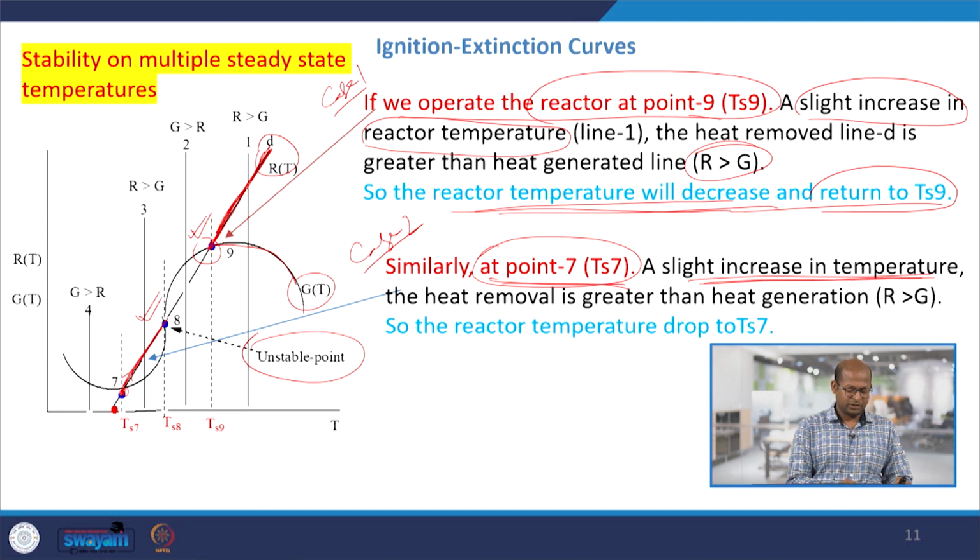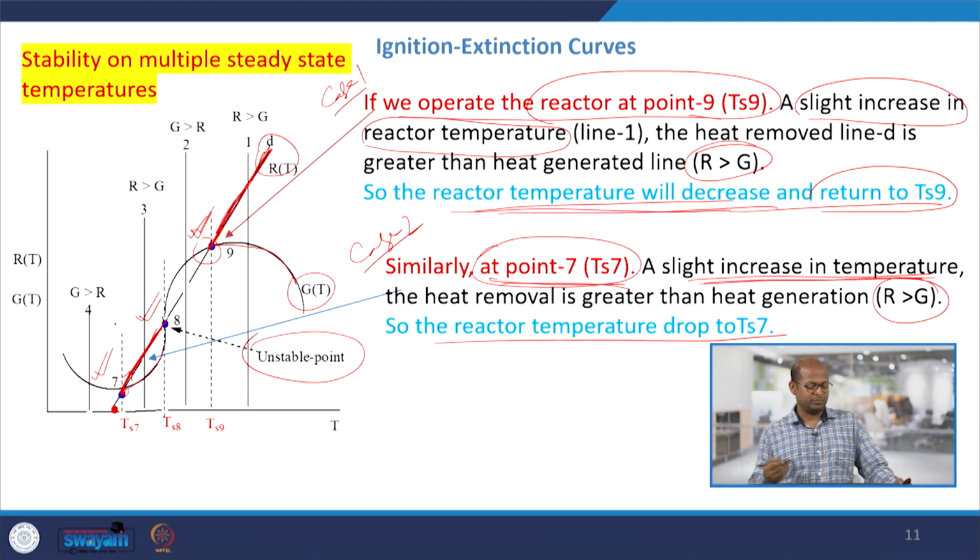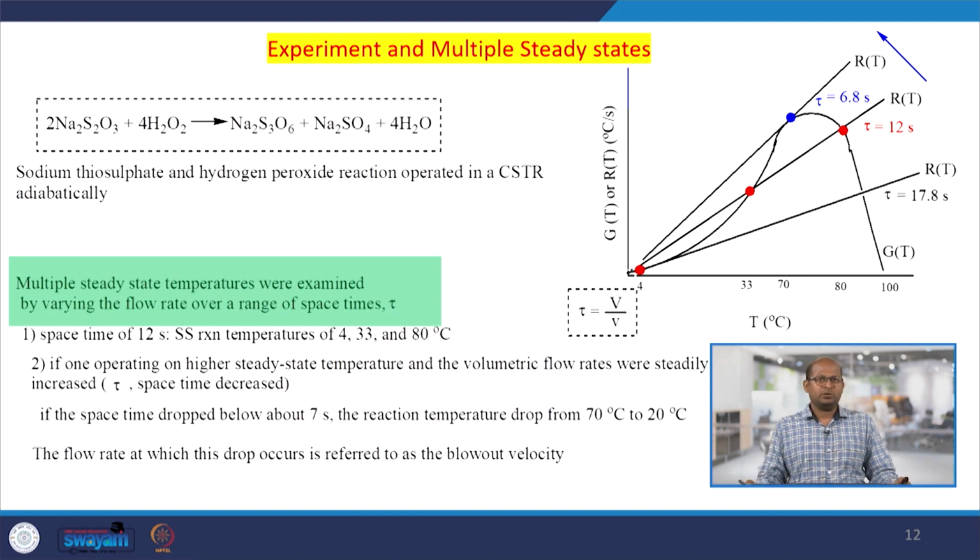From here it would move to the right and reach here. Here also this is the heat removal line and this is the heat generation line. Here also heat removal is more than heat generation, therefore the reactor temperature will drop to TS7. So, these two temperatures are stable steady state temperatures and the others are unstable steady state temperatures. Okay.